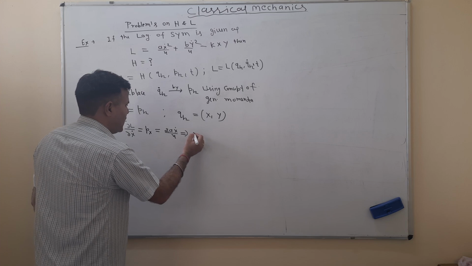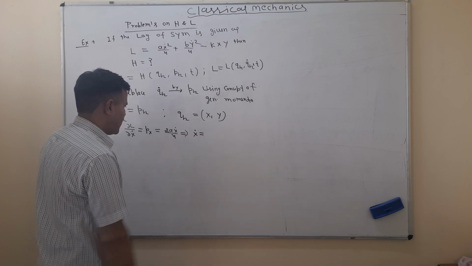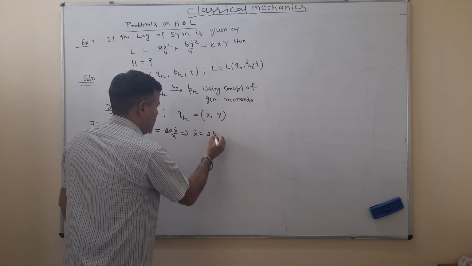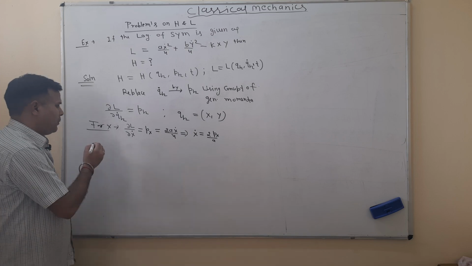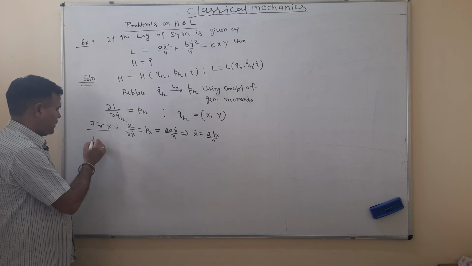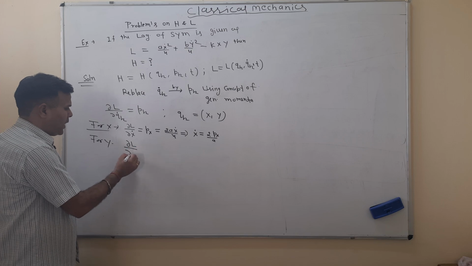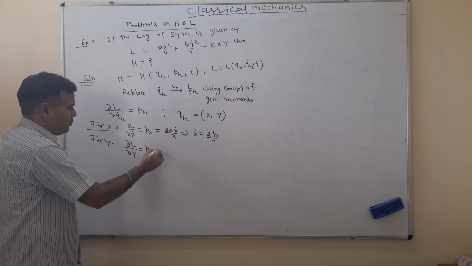This implies that x dot is simply 2 px by a. And for the y coordinate our generalized momentum is del L by del y dot, which is py.